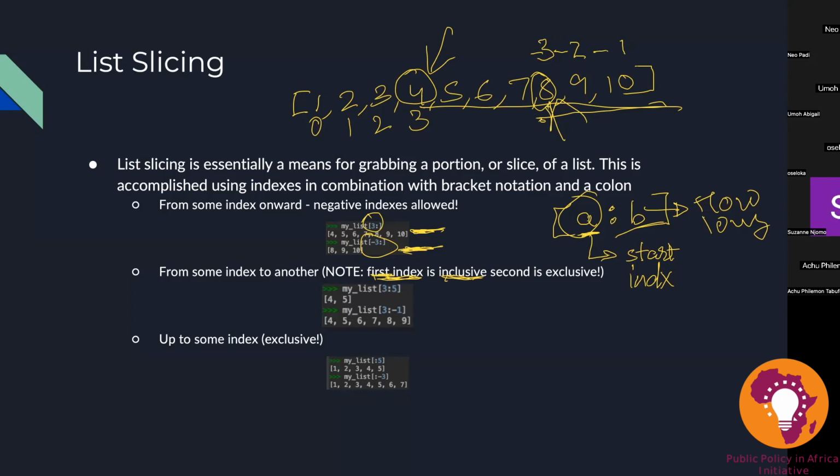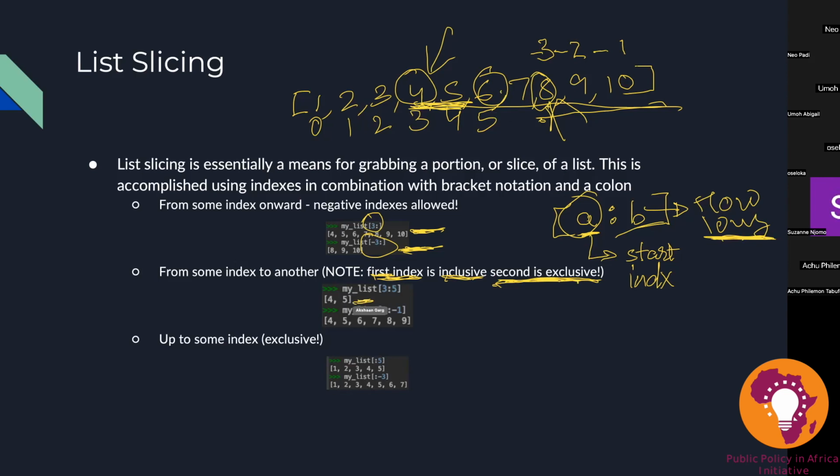So 0, 1, 2, 3, let's go till 5: 4, 5. What do we have at 5? We have 6. Now we just learned that the second is exclusive, so the 6 will not be included. It will go till 5, because this is how long it goes till. So the output is 4, 5.